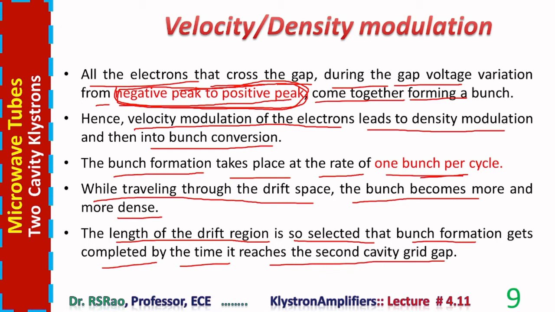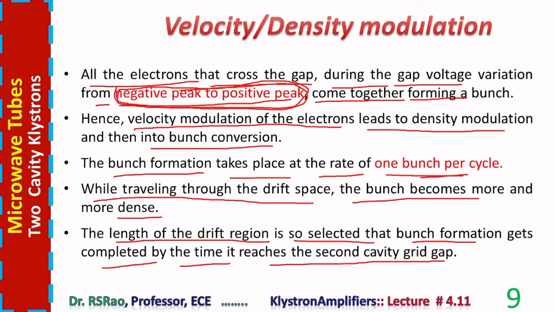Therefore, the electrons in the beam that cross the gap from negative peak to positive peak, they are only participating in the amplification process. Other electrons which cross from positive peak to negative peak, they are not involved in the amplification process.